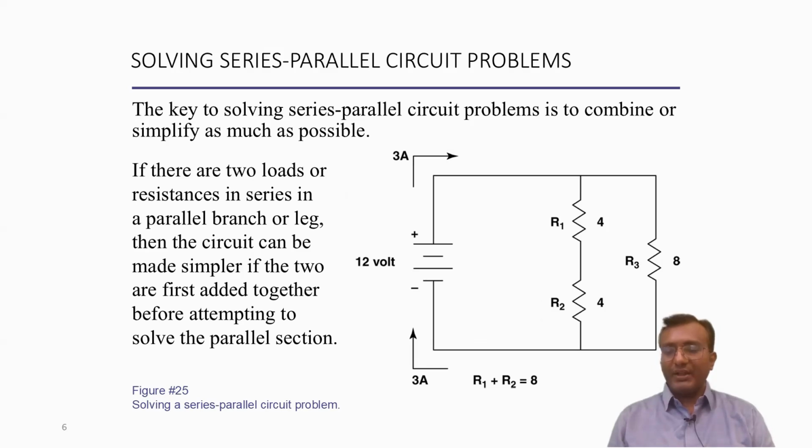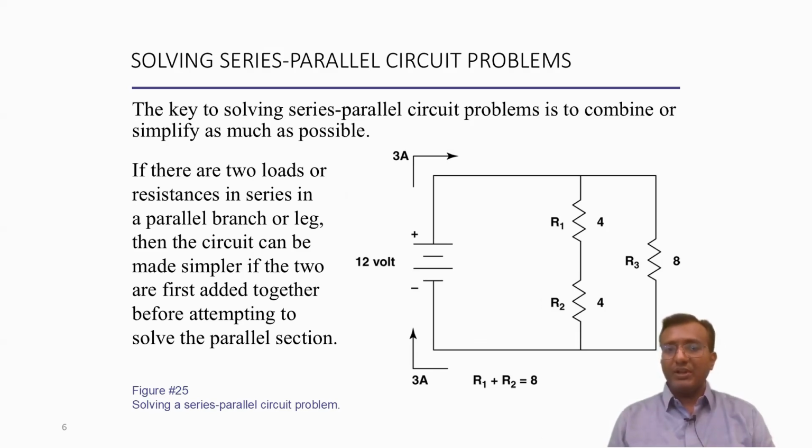So how much does it become? It is 8 multiplied by 8 divided by 16. 8 times 8 is 64, divided by 16. 16 times 4 is 64.